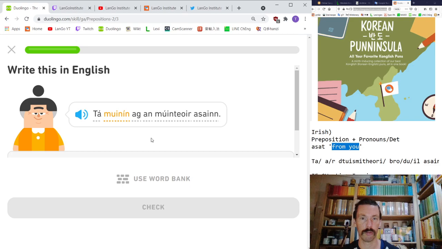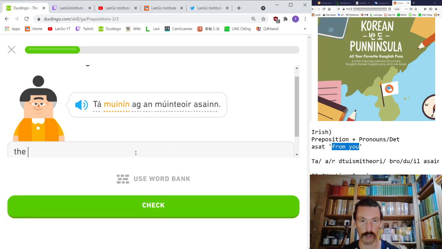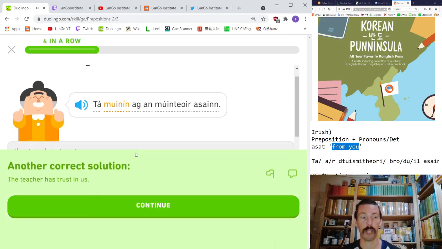What if they're related? Tá ag, that means the teacher is the possessor. We'll make it the subject in English, the teacher. Somewhat literally, he has trust from us, in us. I'd just say trusts us. Has trust in us, a little closer to Irish.